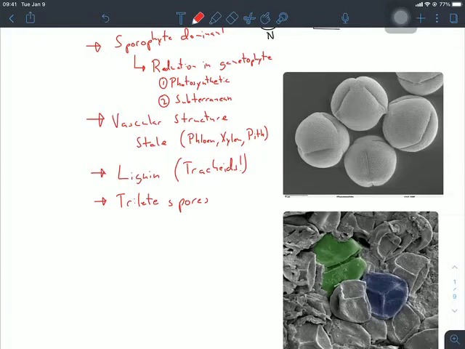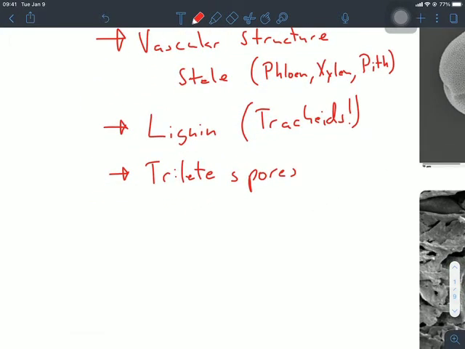Now, these spores today are produced by a number of different plants, including flowering plants and cone-bearing plants and the still spore-bearing plants. But this evolutionary change to creating a sporophyte that produces a lot of spores came alongside a shift to structures that would be able to bear many spores.